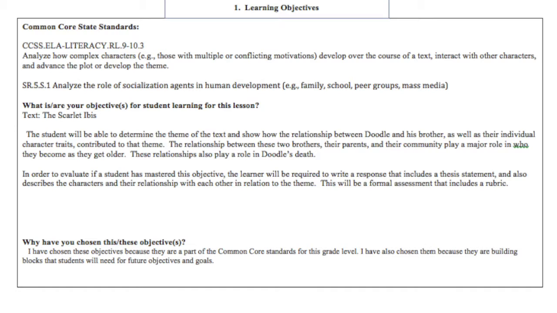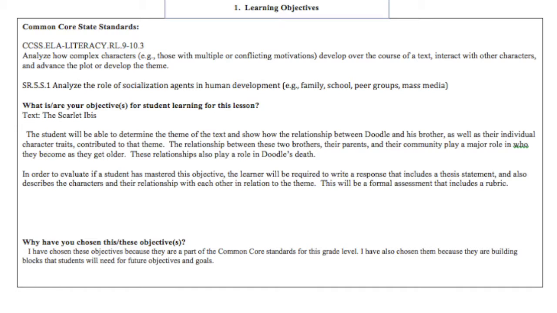In order to evaluate if a student has mastered these objectives, the learner will be required to write a response that includes a thesis statement that includes the theme, and also describes the characters and their relationships with each other in relation to that theme.